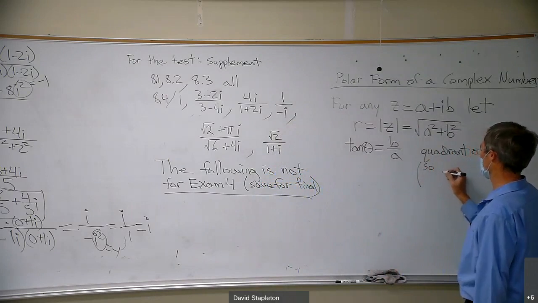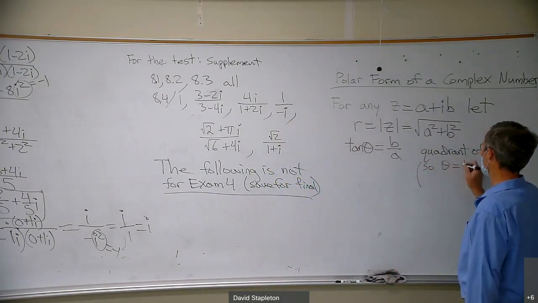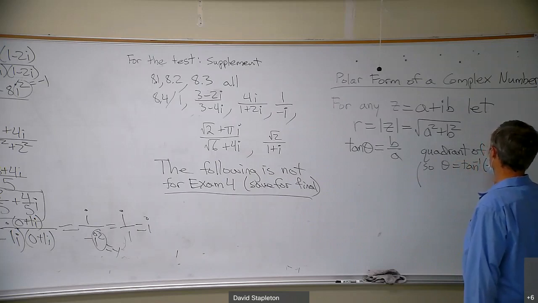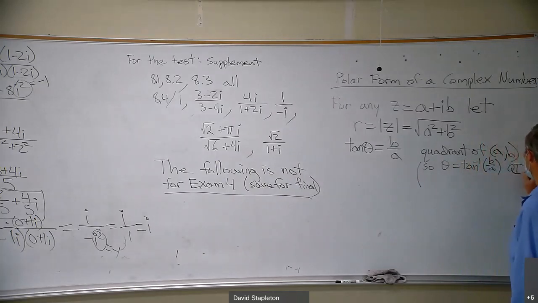So it turns out that theta will be the arctangent of b over a for quadrants 1 and 4. And the arctangent always gives you the angle in quadrants 1 and 4.